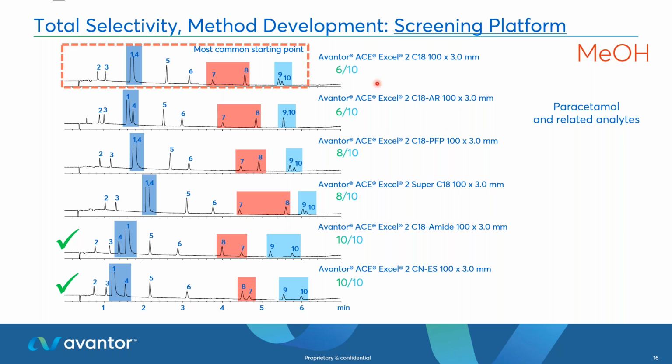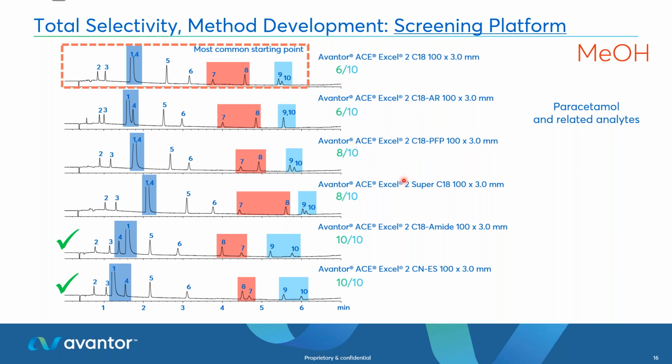So you can see here the chromatogram you get with the C18. We've got coelution of our main API and that 4-aminophenol related substance. Got good separation of peaks 7 and 8, and peaks 9 and 10 look okay.